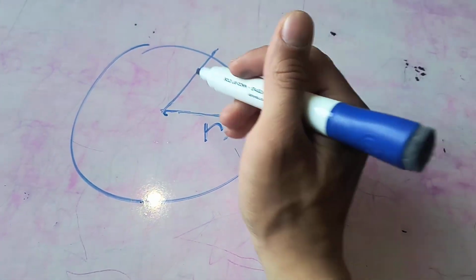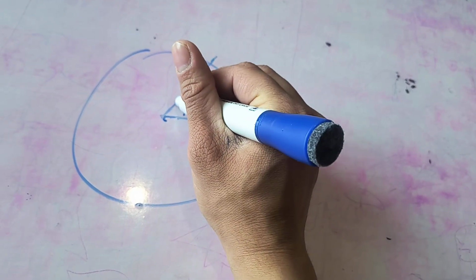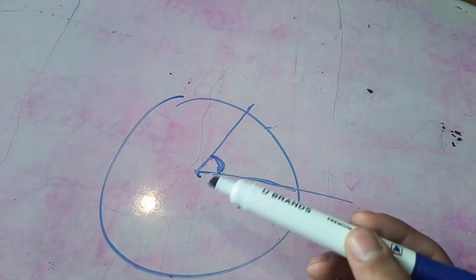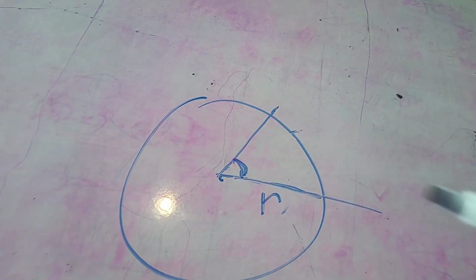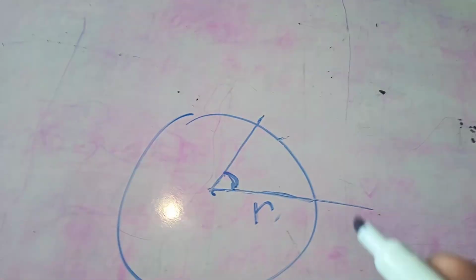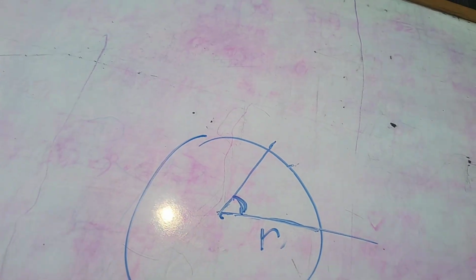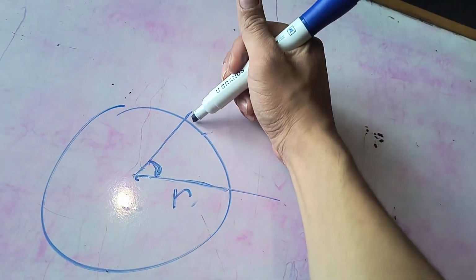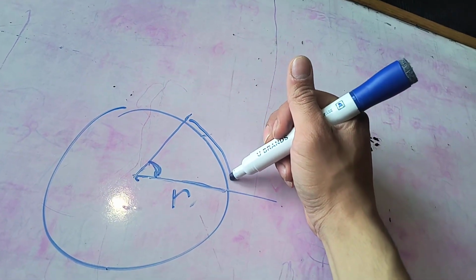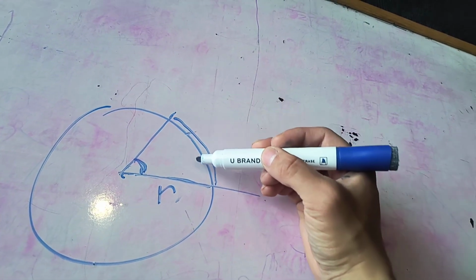So we could measure this in degrees, the usual way. Chop this up into 60, 70 degrees or whatever. But there's another way of measuring this angle. The way we measure it is we check this arc right here and we check the length of it.